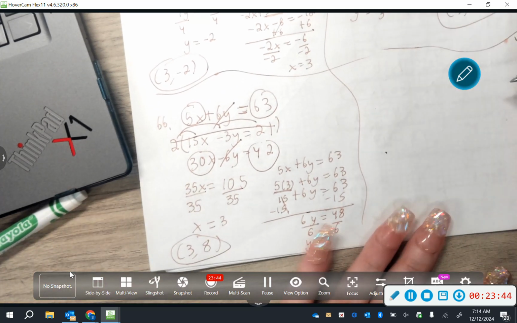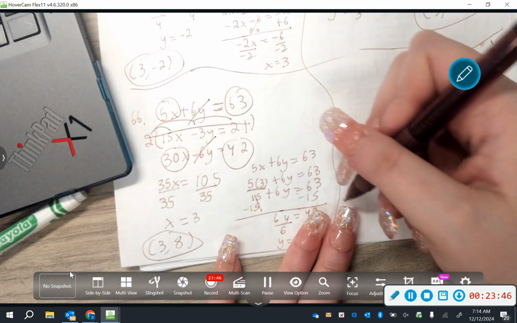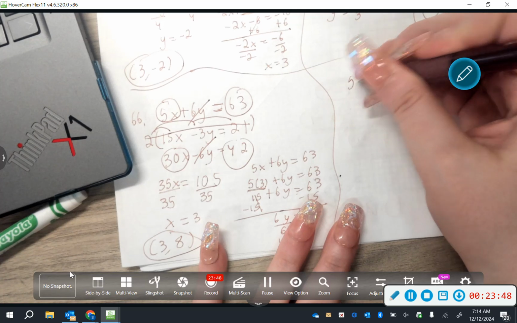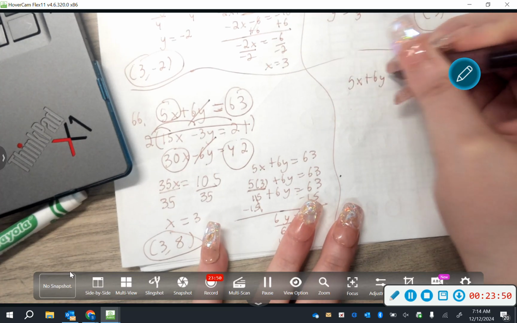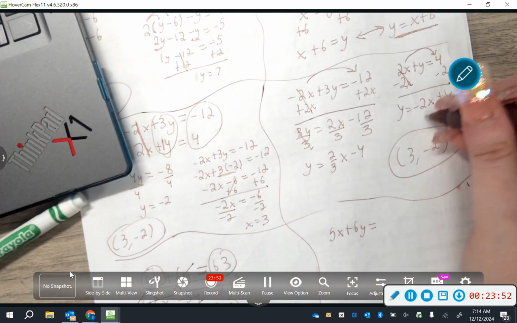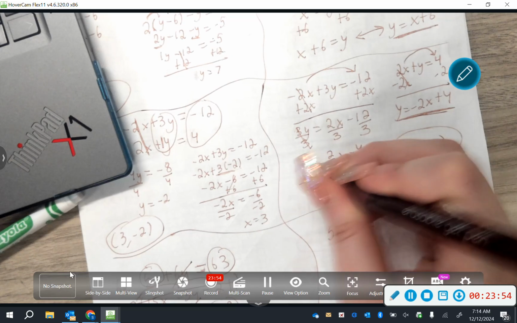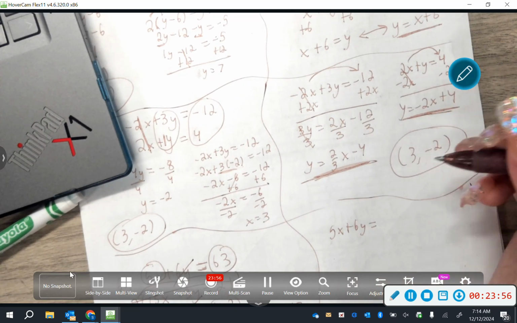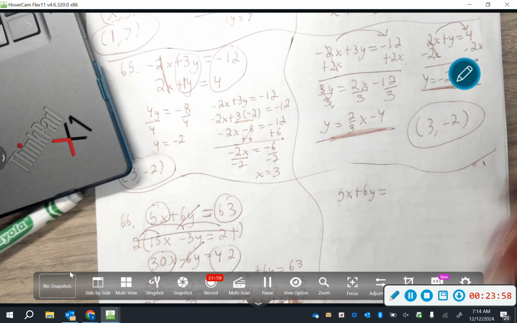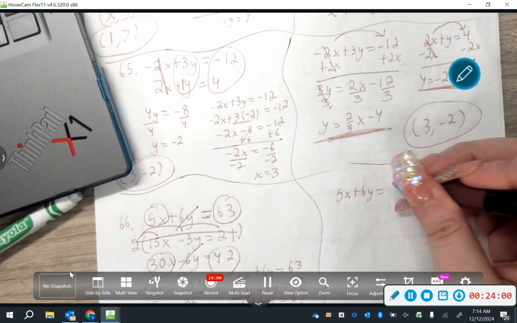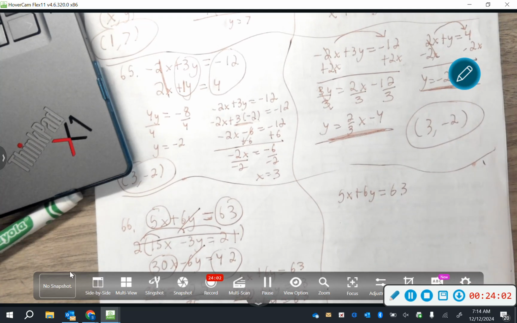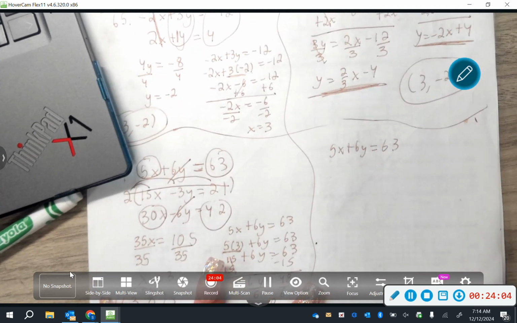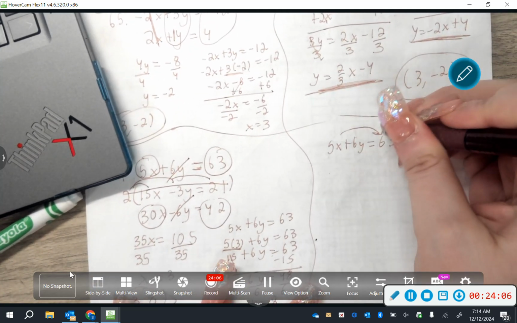If you want to change it to y equals instead of doing this, we have 5x plus 6y equals 63. Those are the two you would plug in your calculator. If I want to be able to plug this in, I need to change it to y equals. So I need to move this positive 5x.